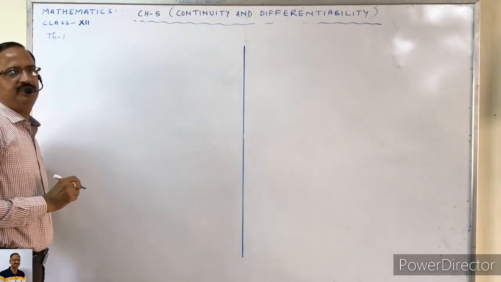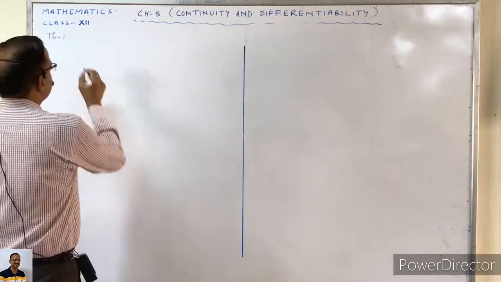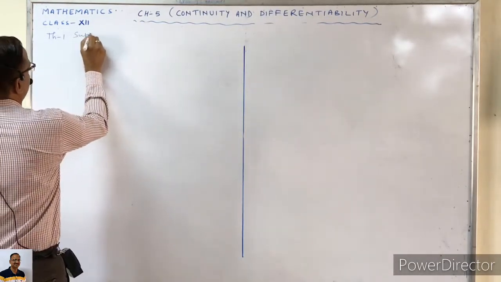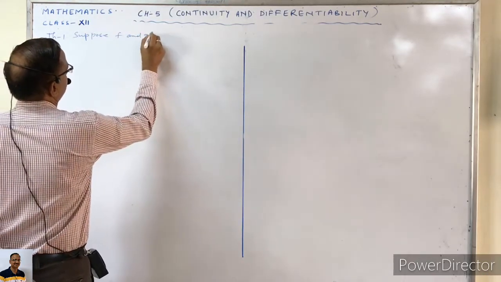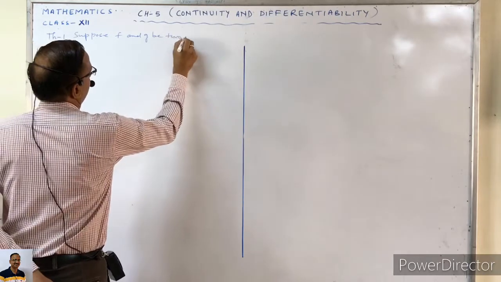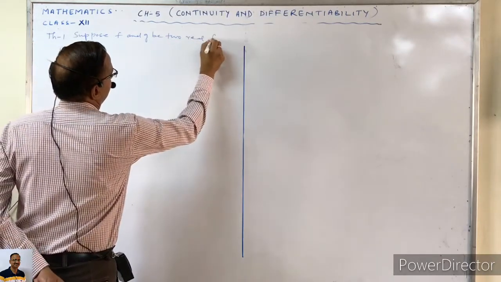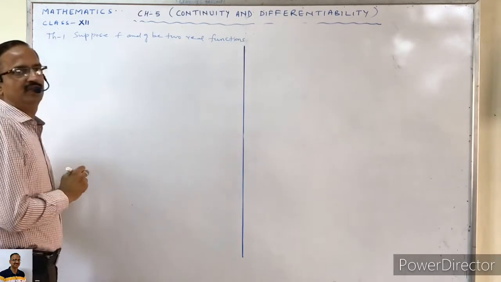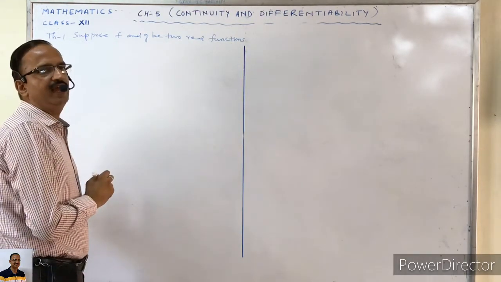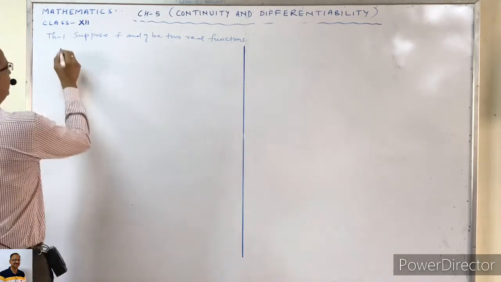Suppose f and g are two real functions, continuous at a real number c.